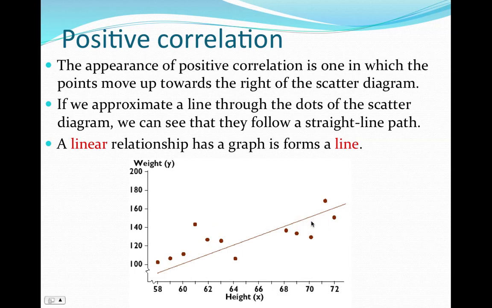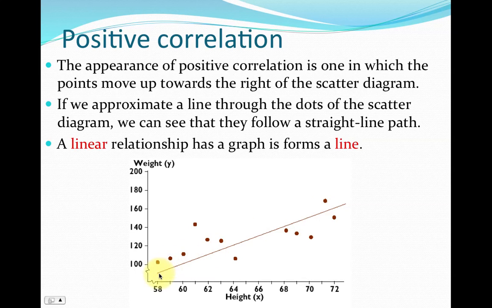The appearance of a positive correlation is one in which the points move upward towards the right of the scatter diagram. So what you're going to see, as you move your eyes from left to right, is the points generally moving in an upward direction. If we approximate a line through the dots of the scatter diagram, we see that they follow a straight line path.